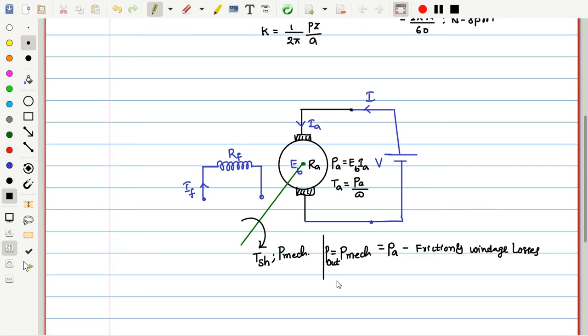Once we get P out, we can find the T shaft, which is rotating at the same angular velocity omega. So that is P out divided by the angular velocity.